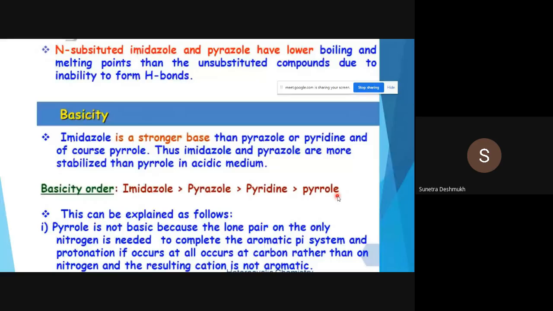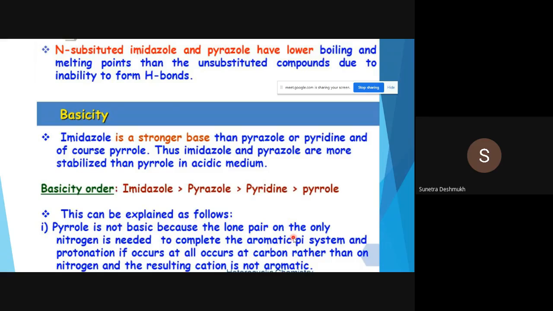Okay, any type of question can be rotated at any angle, so you should be able to write down the answer. This can be explained as follows. Pyrrole is not basic because the lone pair on nitrogen is fully in the aromatic pi system.